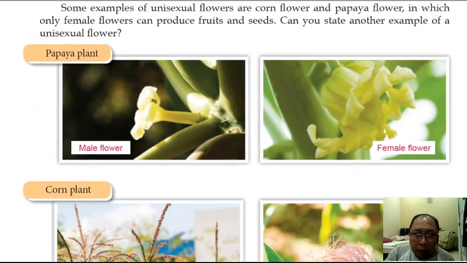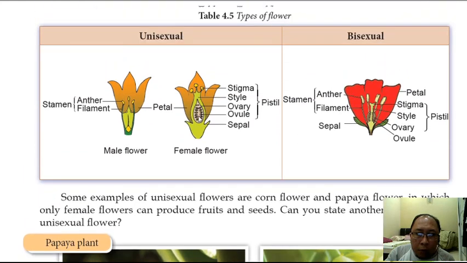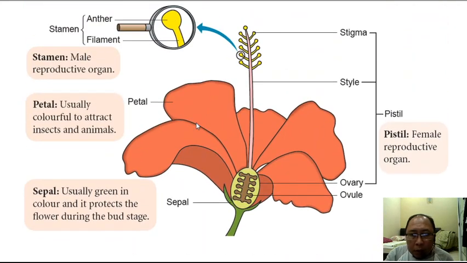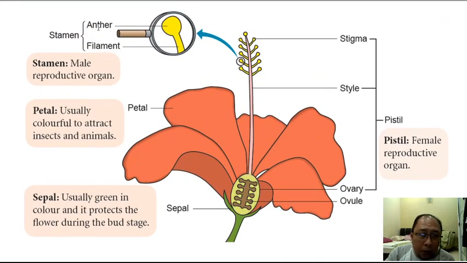So if we look back at the structure of the flower, the anther is one of the parts of the stamen, and this is the position of the anther at the top of the stamen, supported by the filament. Inside this anther are pollen grains. Inside a pollen grain is a male gamete.